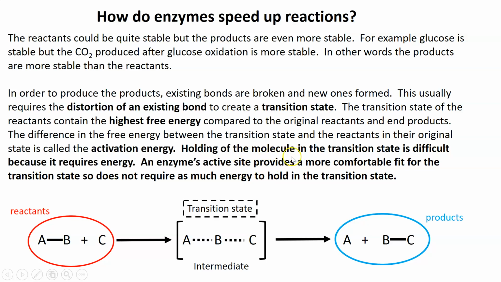Holding the molecule in its transition state in the absence of an enzyme is quite difficult because it requires energy, but with an enzyme, holding the transition state is much easier because the transition state of the molecule fits much better into the active site of the enzyme.